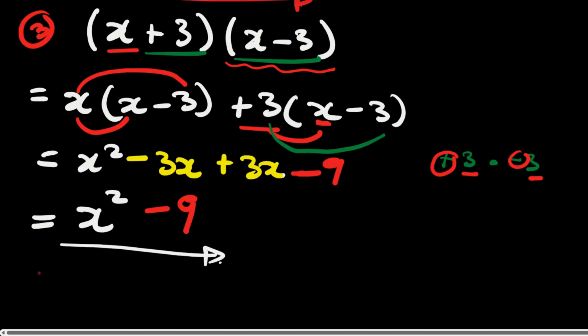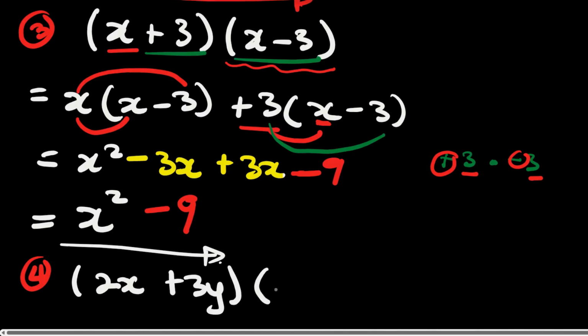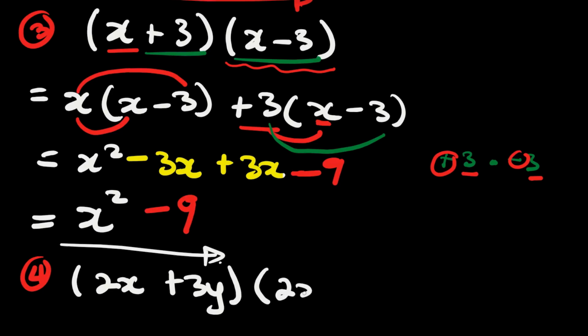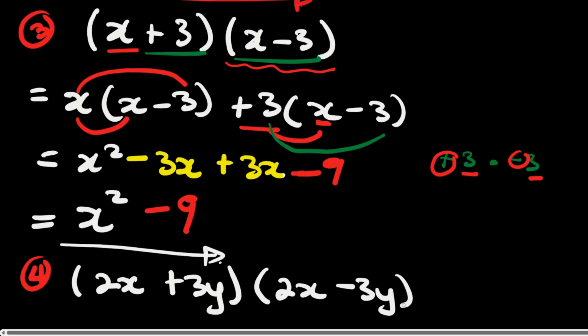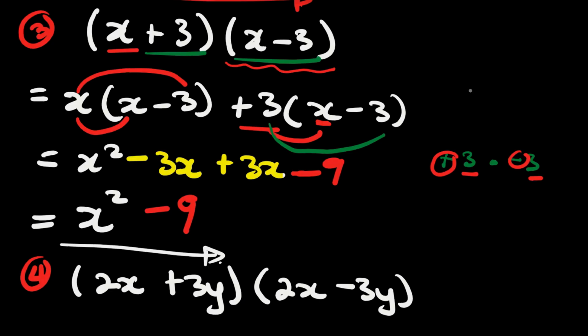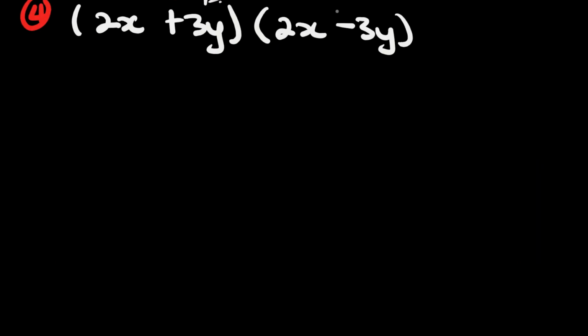And now let's take the last question. Let's say you're given something like 2x plus 3y multiply 2x minus 3y. How do you deal with such a question? You can pause and try it. So with this question, our approach is still the same.